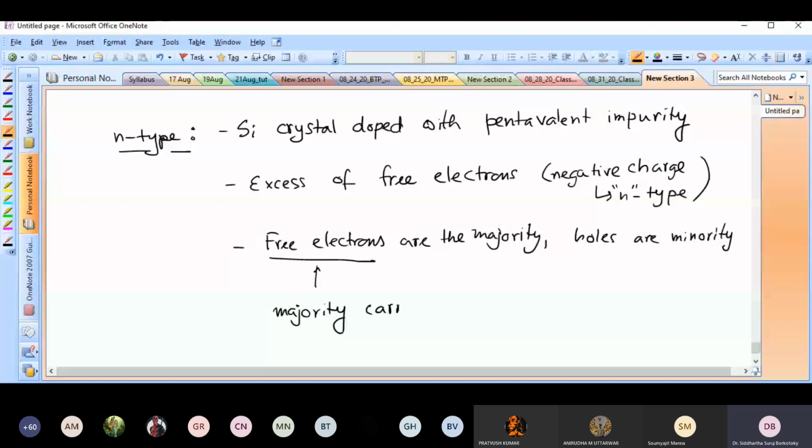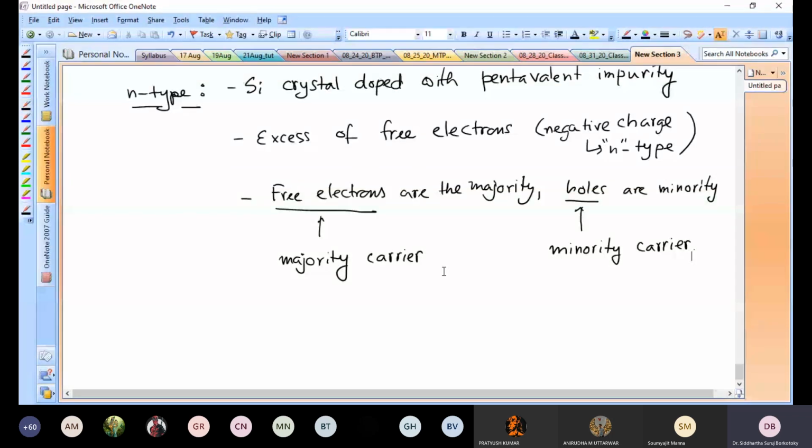If you want to carry some current through this, you are going to rely on the free electrons, right? So these free electrons are called the majority carriers, and holes are called the minority carriers. This is the definition of an N-type semiconductor.